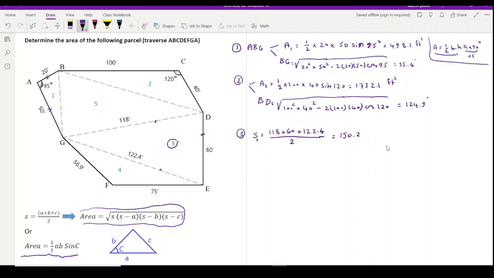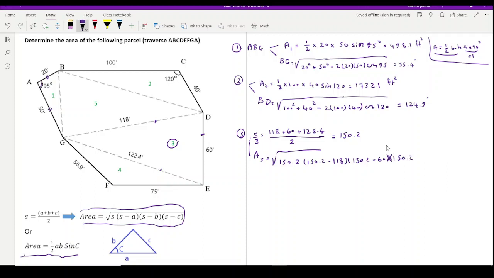Now that you have this S, you can calculate the area by using this equation. Because this area is going to be A3, let me use S3 also for that so that you don't make mistakes. So A3 is going to be equal to the square root of S, which is 150.2, times 150.2 minus 118, times 150.2 minus 60, times 150.2 minus 122.4.